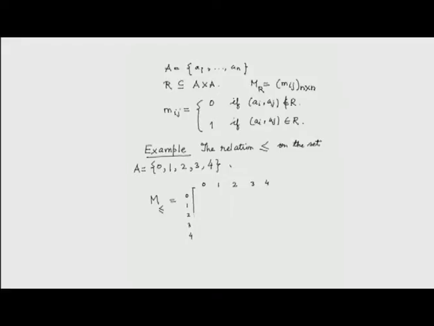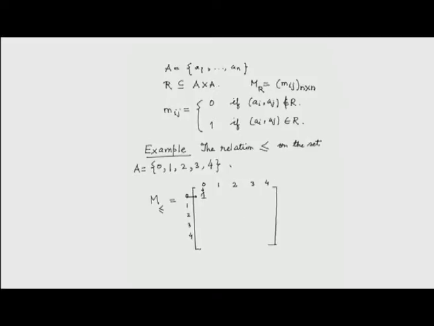Of course, there are entries that we have to fill in, so let us start constructing the matrix. We take 0 and 0 from here and here and we ask the question, is 0 less than or equal to 0? The answer is yes, therefore, we write 1.